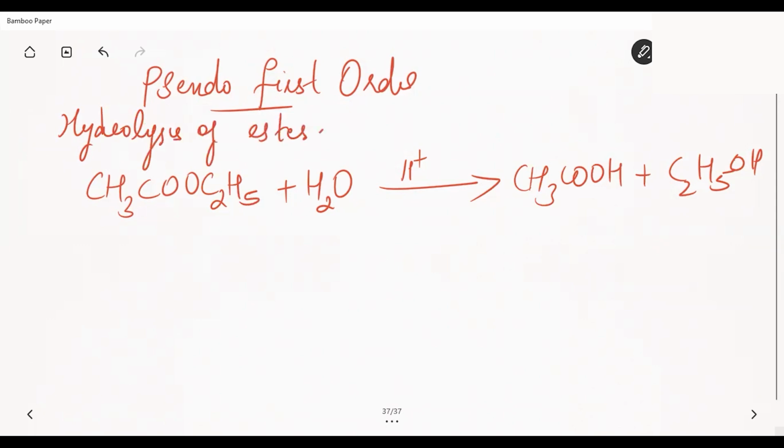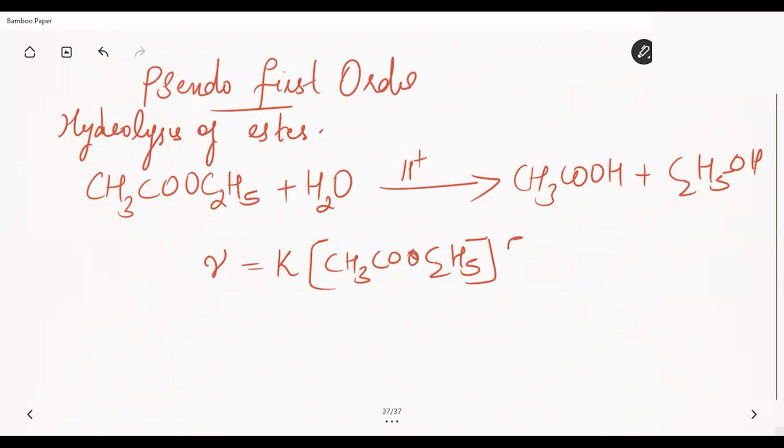The concentration of water here does not get altered much during the reaction. So while writing the rate of the reaction, we write the constant times the concentration of the reactant. If the concentration of water is not altered too much, we can write that the rate depends only on the ester.